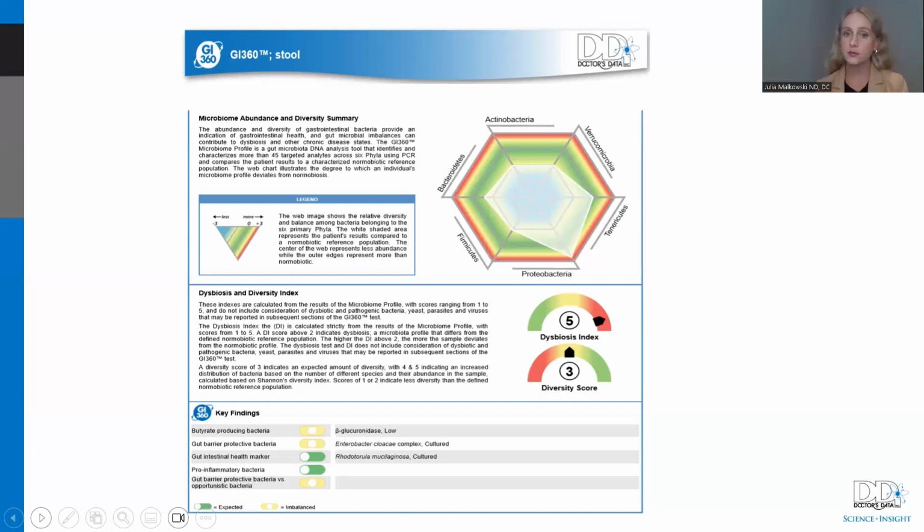So this is an excellent piece of information here, and you can show your patient the numerical value. With regards to dysbiosis, scores go from 1 to 5. 1 and 2 are healthy, normal biotic guts, and then 3, 4, and 5 are dysbiotic guts. So for this patient, we can see there is a dysbiosis here as indicated by the dysbiosis index of 5.